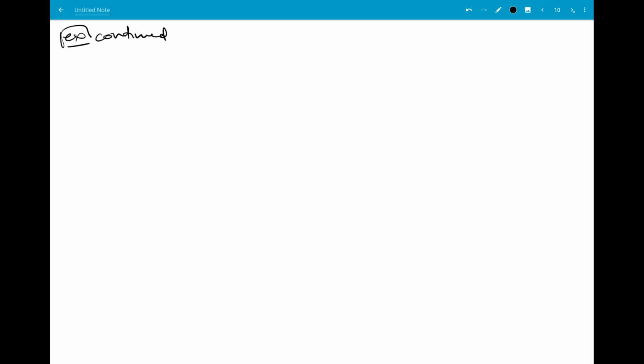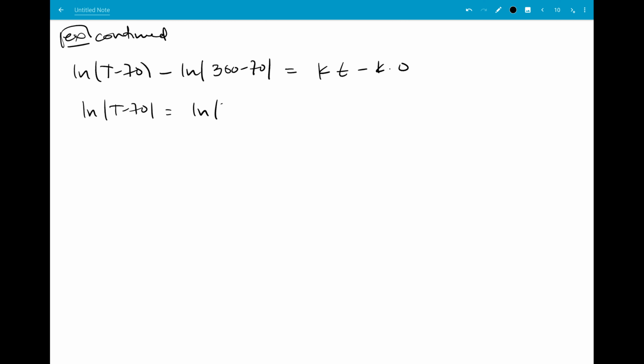When I plug in those bounds, I'm going to get natural log of (T minus 70) minus natural log of (300 minus 70) is equal to k times t minus k times 0. So I've got natural log of (T minus 70) is equal to natural log of 300 minus 70, which is just 230, plus kt.